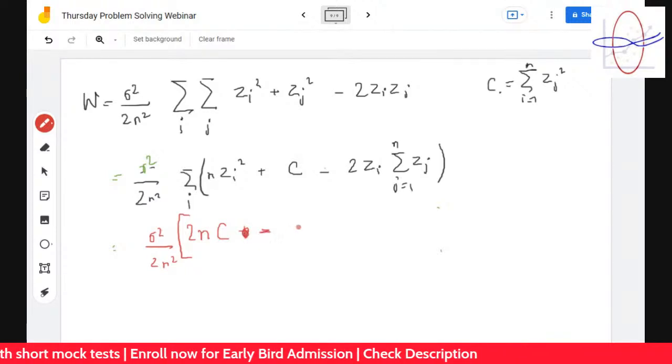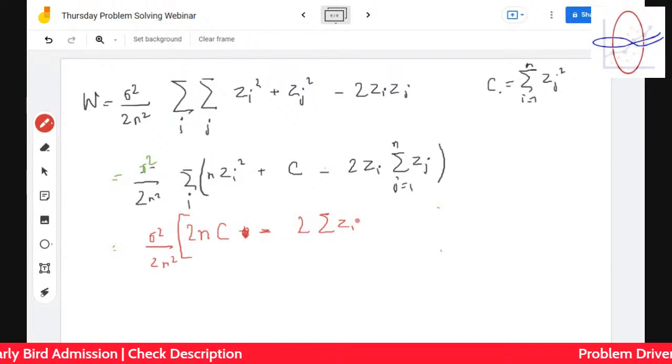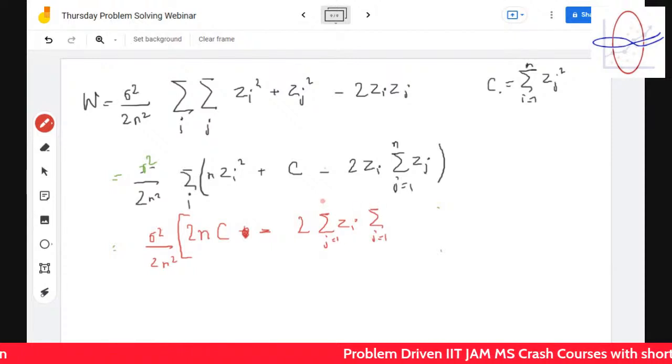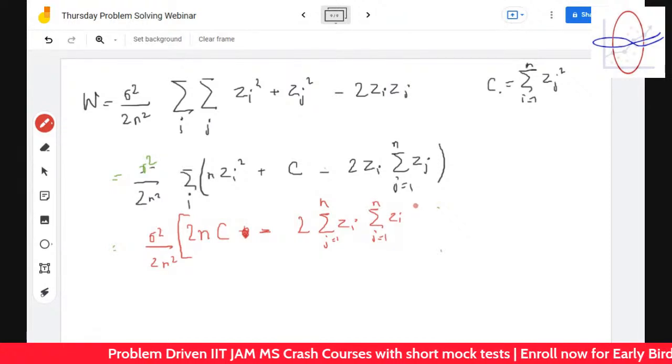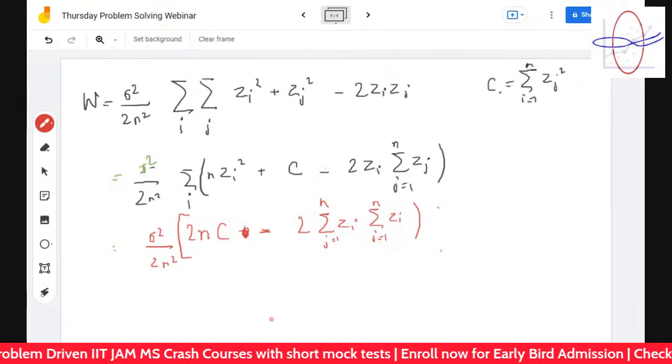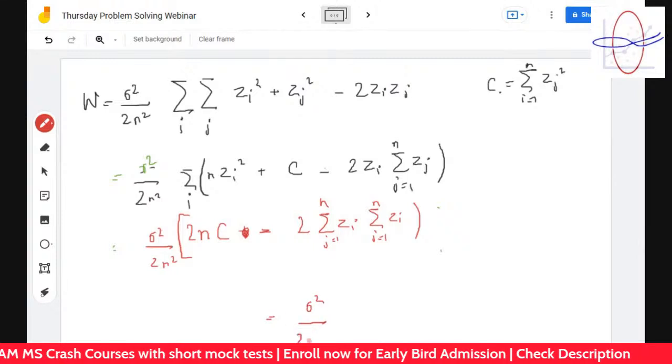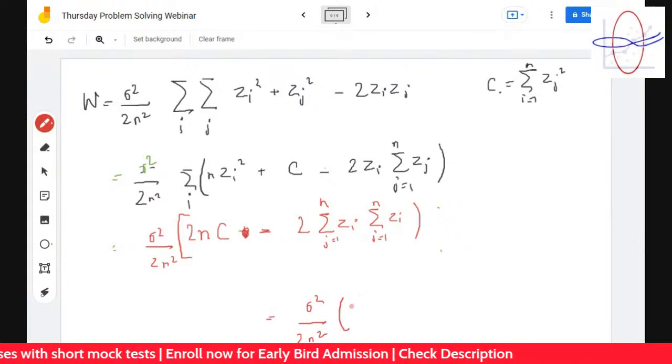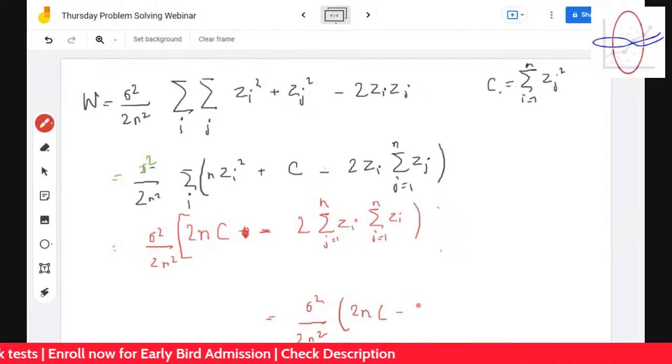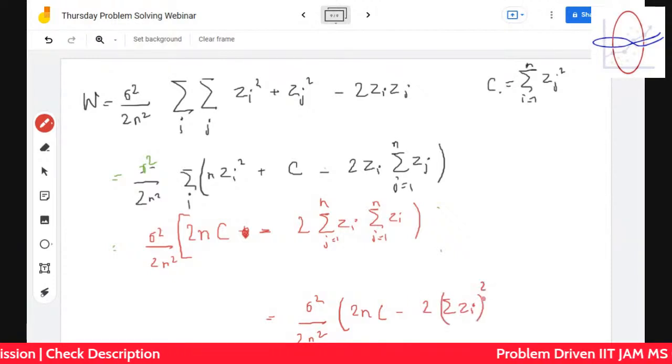And there you get a minus twice summation over zi times summation over zj. So you get twice nC minus twice summation over zi whole square.